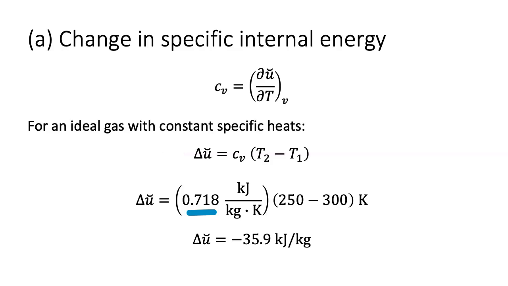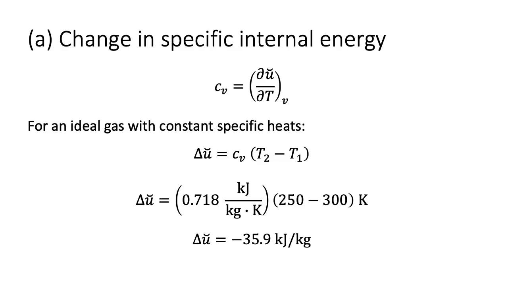Using the value for specific heat at constant volume for air at STP and the given temperature change, we get a change in internal energy of minus 35.9 kilojoules per kilogram. Note that because this is a temperature change, we can use either degrees Celsius or Kelvin and get the same result.